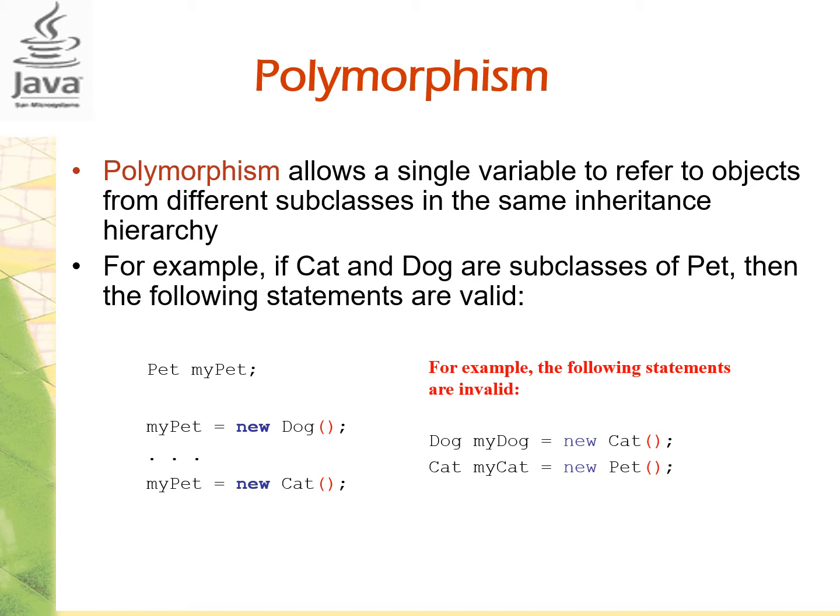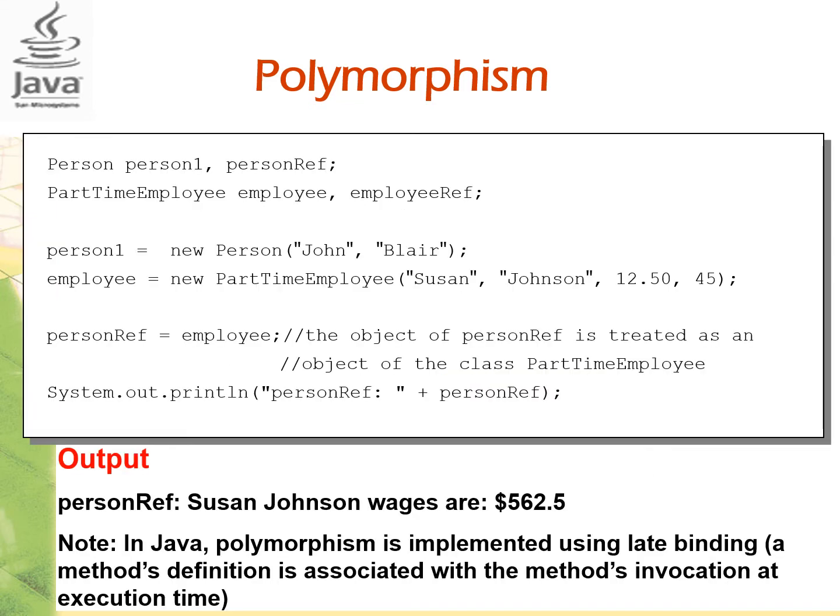Or if you do Cat myCat equal to pet, there will also be an error, because this one is the parent superclass and this is the subclass. You are downgrading. This is actually allowed, but you need to do casting in front. We'll have a look at the example later on.